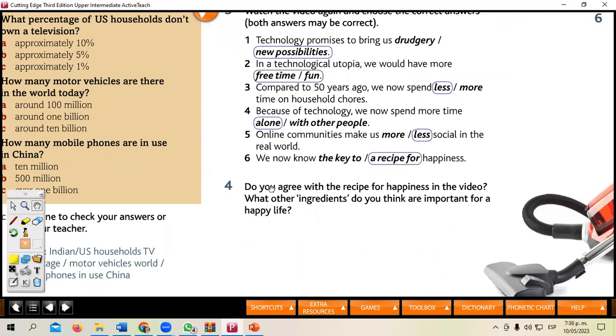So if you agree with the recipe for happiness, recordemos la receta de la felicidad, de tener buenas relaciones interpersonales, un significado de la vida y una ideología, una religión y un propósito, unas metas interesantes. Esa es la receta de la vida.